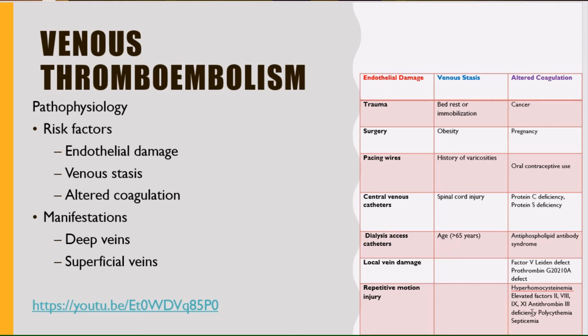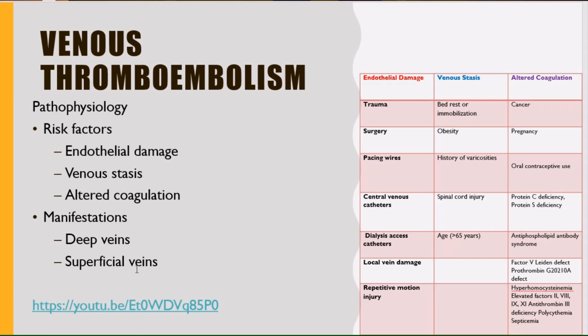It could be any coagulation problems, pregnancy, cancer, oral contraceptive use, protein C deficiency. Any of these factors can put the patient at risk of getting a blood clot. Whenever patients have any of these things, they are at higher risk of getting a DVT. The more risk factors, the higher the chances.